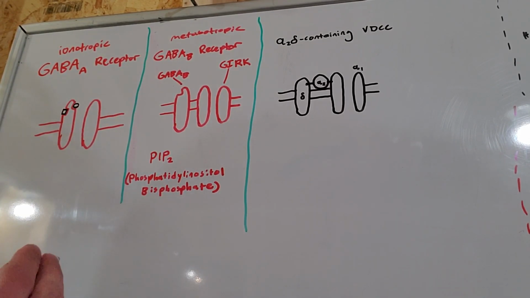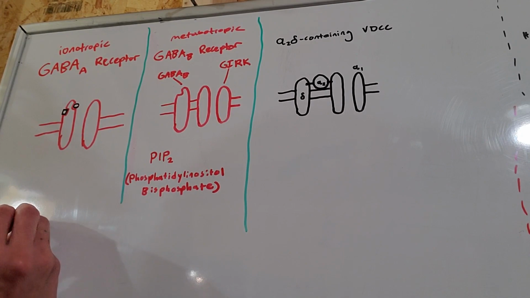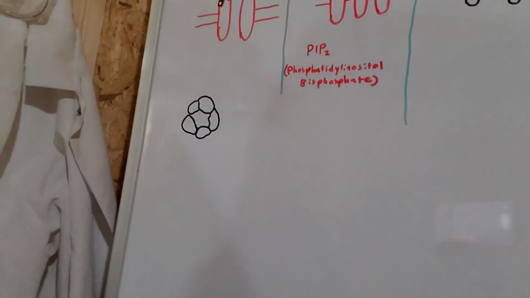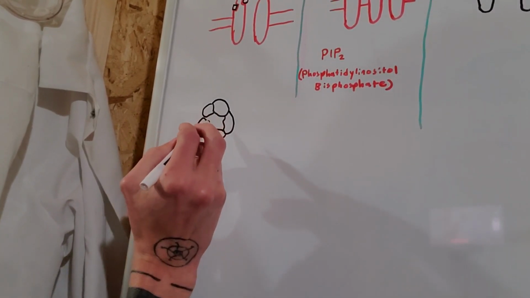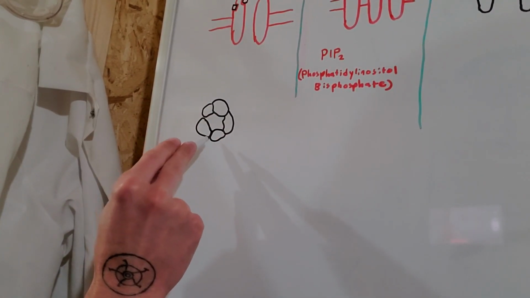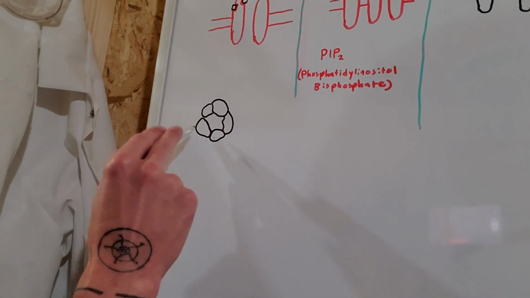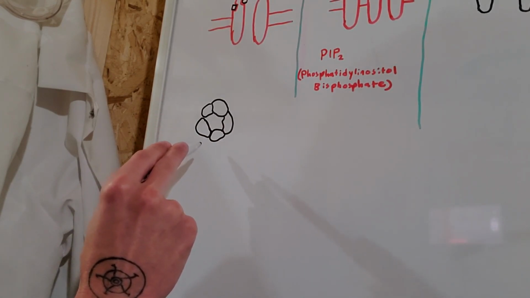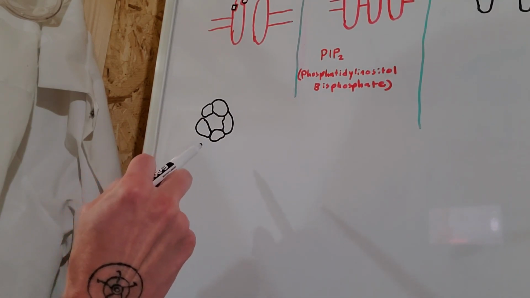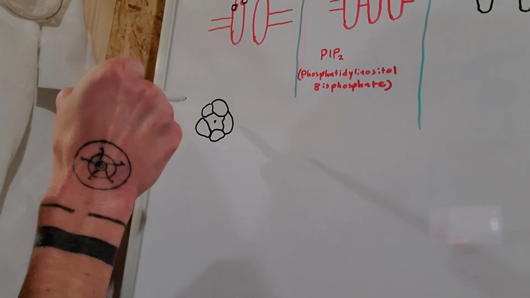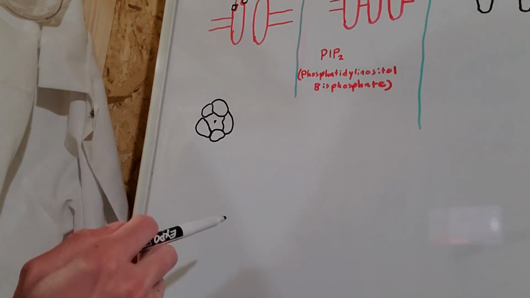So from a top-down view, it might look like something like that, where this is the top-down view. The receptor itself is comprised of multiple subunits, and within the middle is the channel pore in which the ions can transport through.